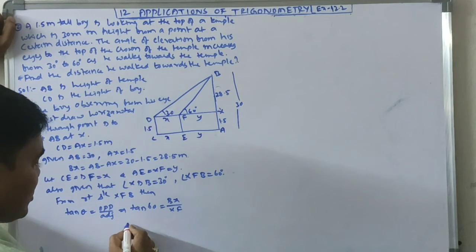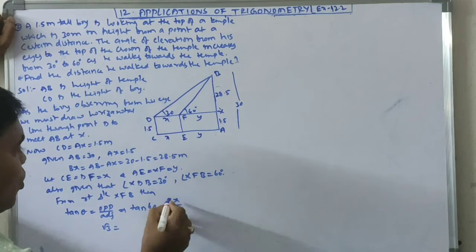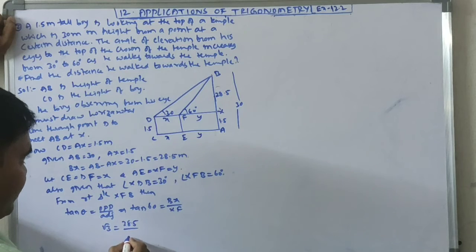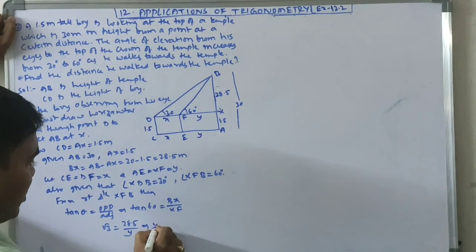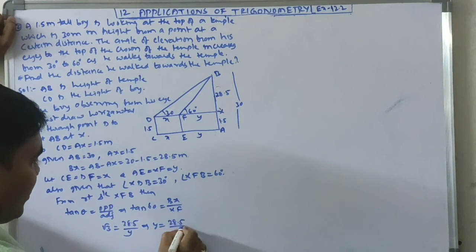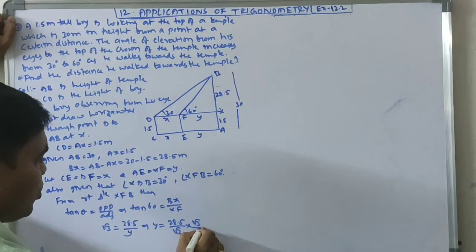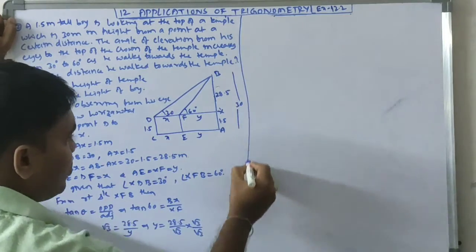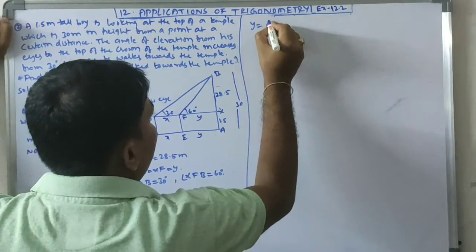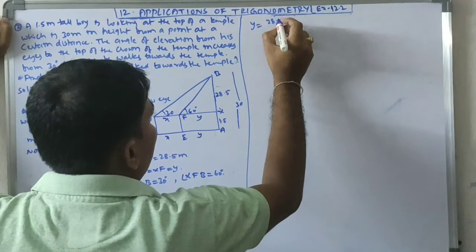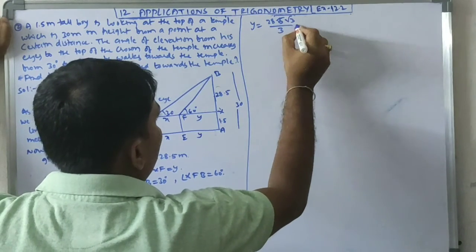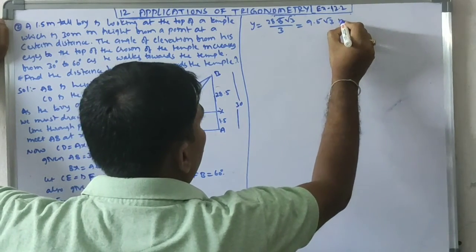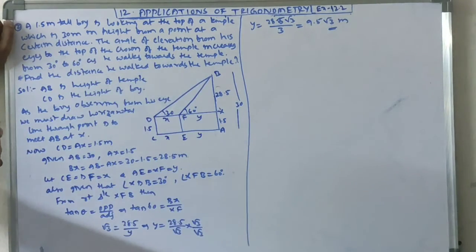So tan 60 equal to what? Root 3 equal to BX, BX equal to 28.5, by XF equal to y, implies y equal to 28.5 by root 3. Rationalization, root 3 by root 3. So y equal to 28.5 root 3 by 3. So 28.5 by 3 equal to 9.5 root 3 meters.